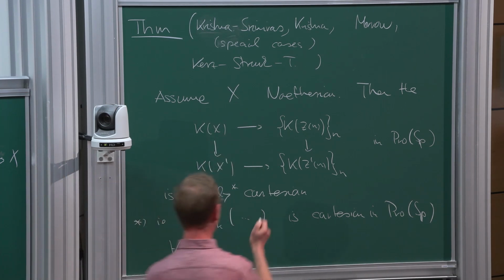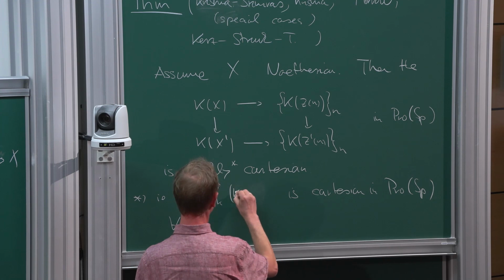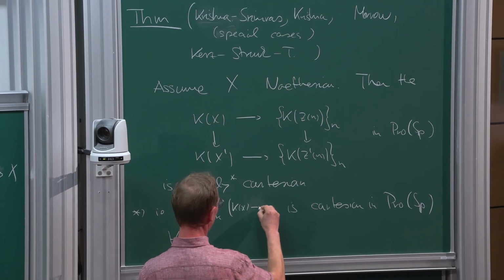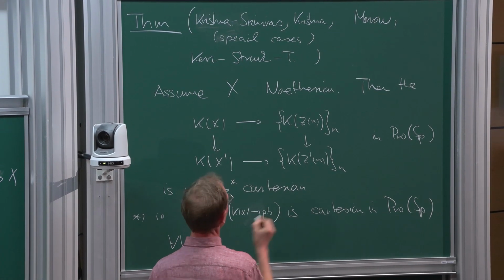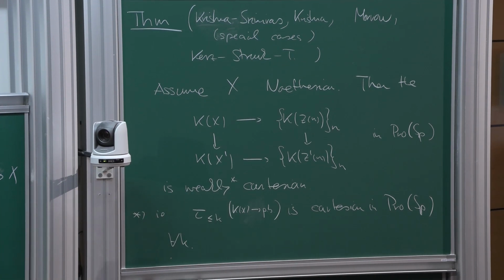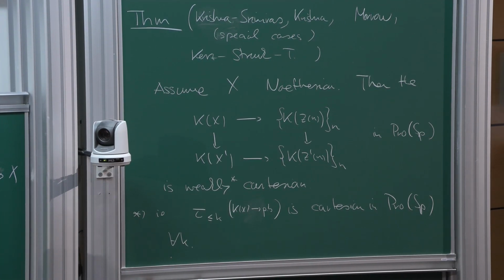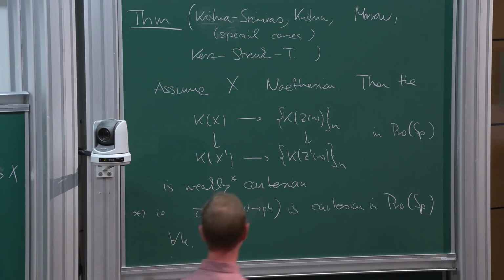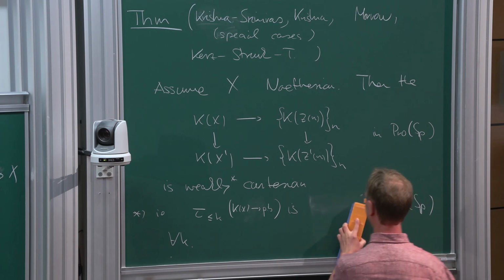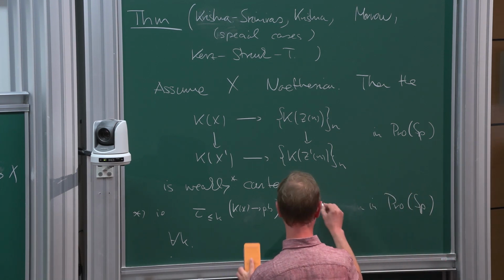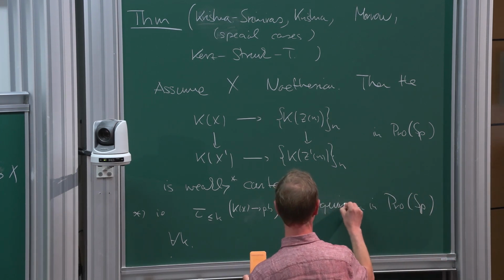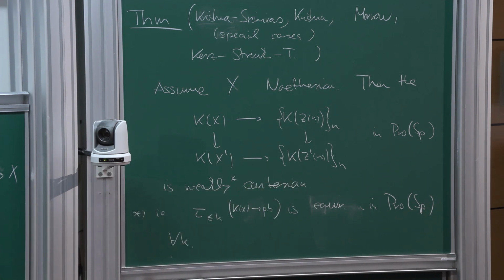Okay, let me write it like this: K of X to the pullback. You want it to be zero in prospectra now? Okay. Thanks. Is an equivalence? Okay. Now I think it's correct.